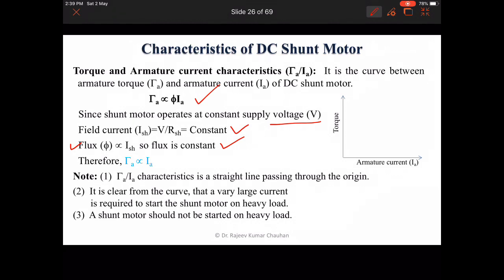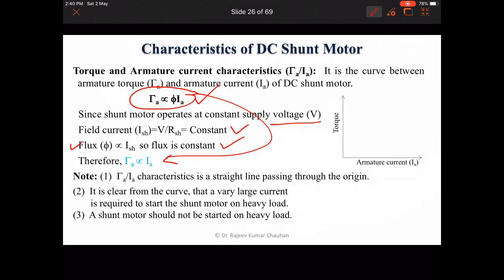So we can say the flux will also be constant because flux is proportional to field current. So if the flux phi SH is constant, then this equation can be reduced to tau A is proportional to IA.